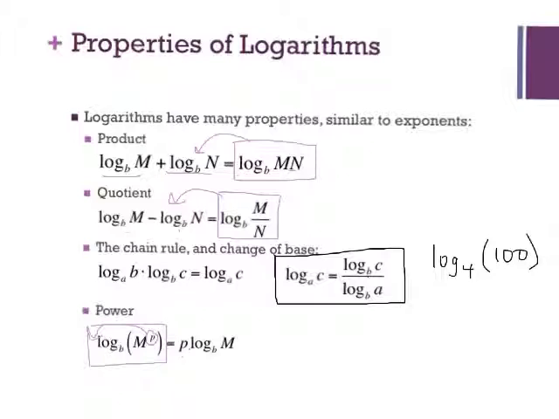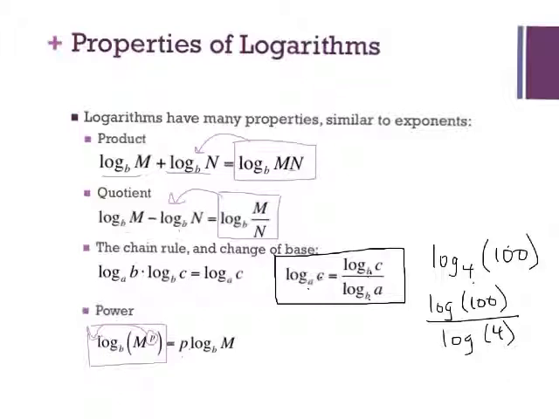In this case, A is 4 and C is 100. And we're going to choose base B to be 10 because the log base 10 button is on our calculator. We could rewrite this as log base 10 of 100 over log base 10 of 4.